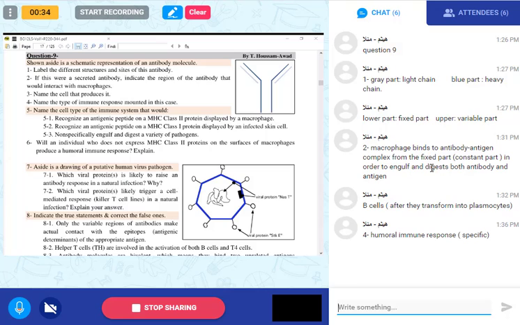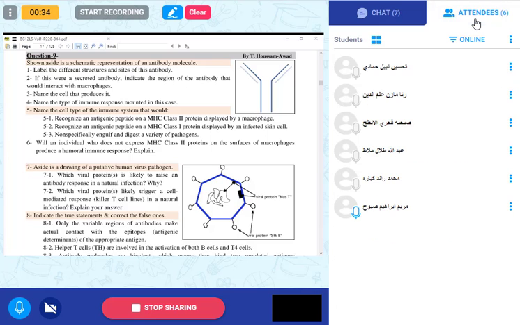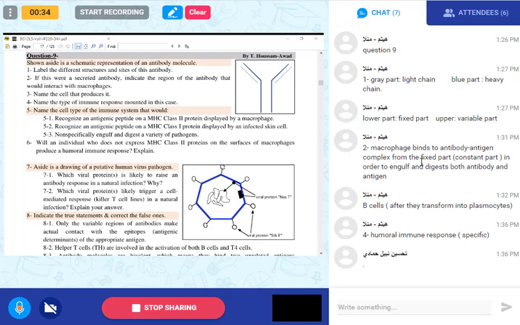Name the cell type of the immune system that would recognize an antigen peptide on MHC class 2 displayed by a macrophage. Which cell recognizes the antigen? Okay, which cell recognizes the antigen on the MHC class 2 protein on the macrophage?